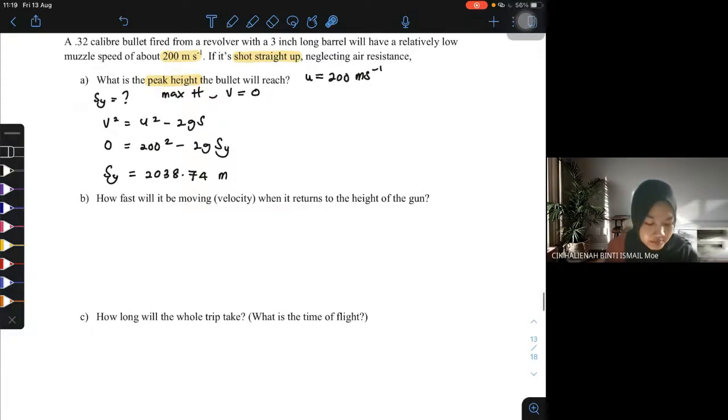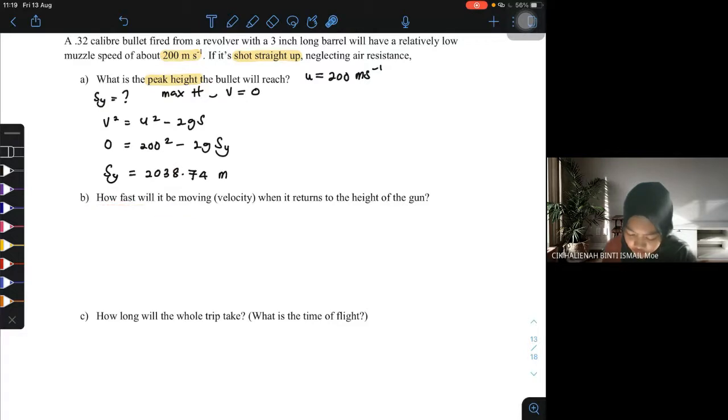Next, how fast will it be moving? We want to find the velocity when it returns to the height of the gun.